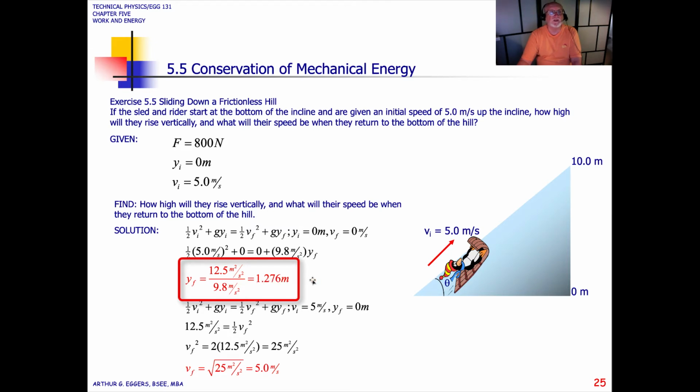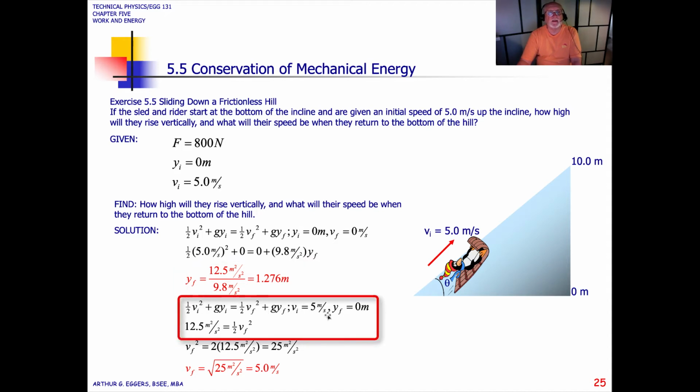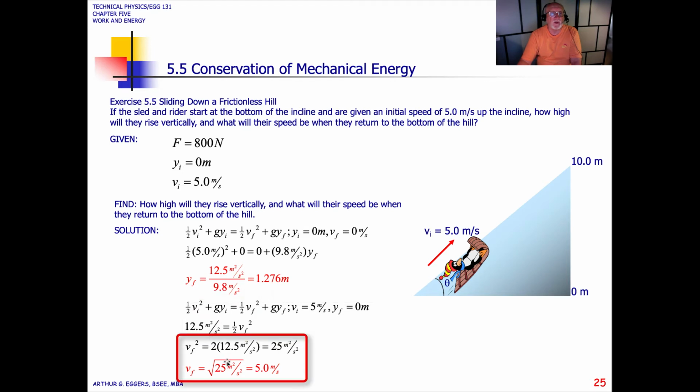okay, ends up with a y final of 1.28 meters. Okay? So now we go back to the relationship again, give it, again, our initial velocity of 5 meters per second, y final equal to 0, and solve for the velocity again on this side, and we end up with 25 meters squared per second squared.